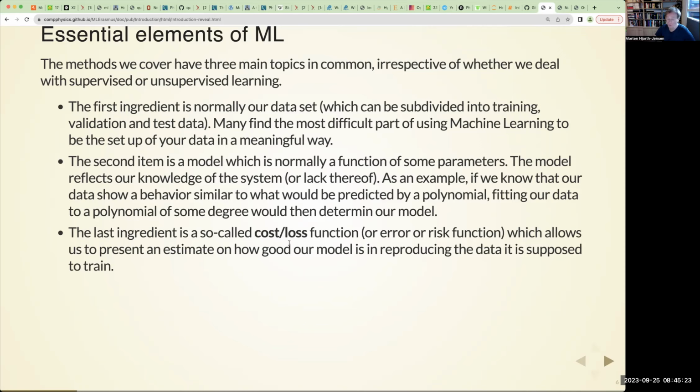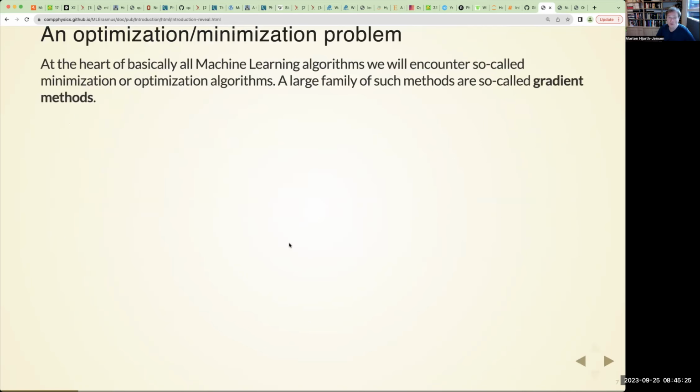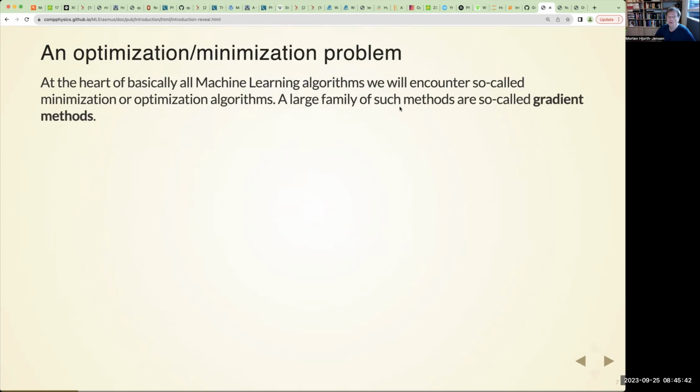And when you have the optimal parameters, or before you have the optimal parameters, what we have to do is actually to find a way to optimize or minimize this objective function. And a large family of methods which we will encounter are so-called gradient methods. Because at the end, we are going to calculate the gradient of the function we want to optimize.